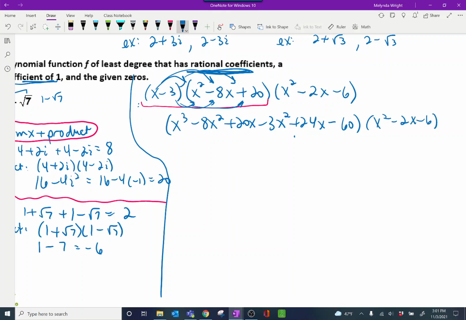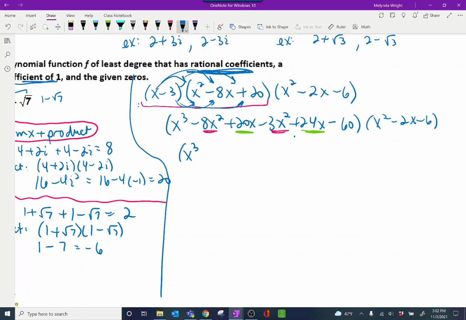And now I want to clean it up. I want to make it much easier to work with. There's a lot going on there. So when I clean that up, let's see, what do I get? I get x cubed. Let's just do some color coding. So I've got the squares to work with, and I've got the regular x's to work with.